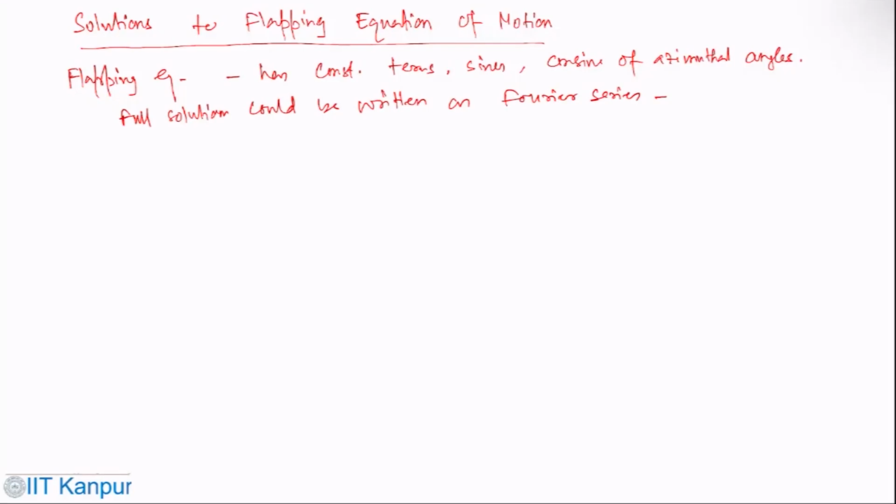Now, this we can see by noting that the azimuth psi is essentially omega into t. So that azimuth psi is actually equal to the rotational frequency multiplied by time.